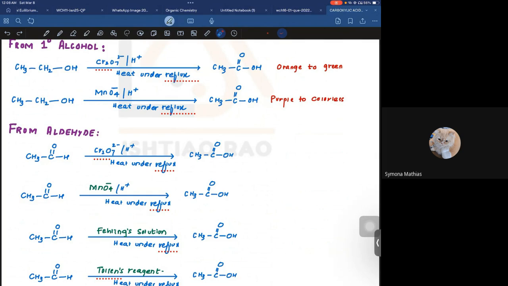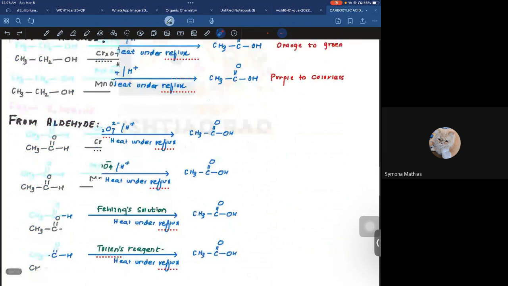So we can oxidize our aldehyde into carboxylic acid by using different oxidizing agents. The first one I told you was K2Cr2O7, potassium dichromate, in the presence of a few drops of acid that can be used as a catalyst. Then we have a different oxidizing agent, KMnO4. Then we can also use Fehling solution and Tollens reagent.